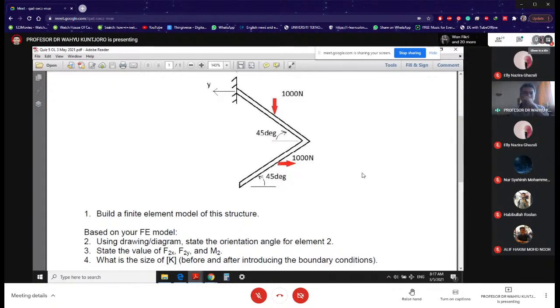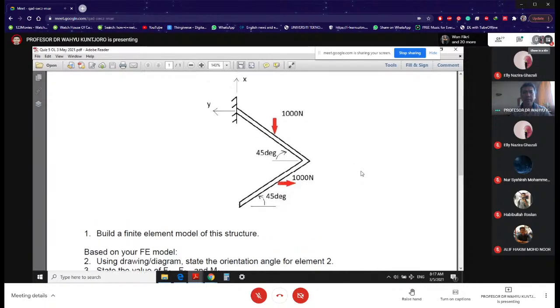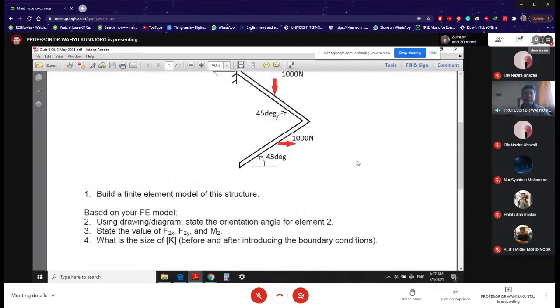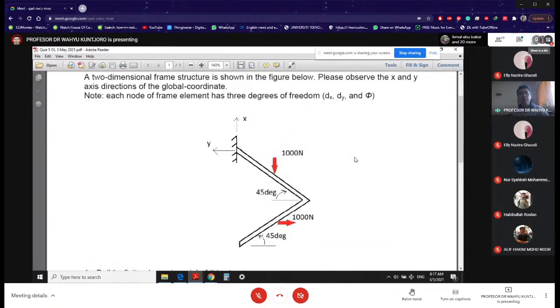That's a very straightforward question. To answer the last question, question number 4, you need to understand that for every node you have the degrees of freedom as stated here: dx, dy, and rotation. With that, you can ask the question.